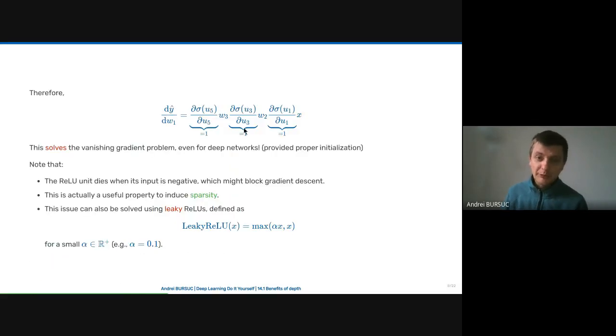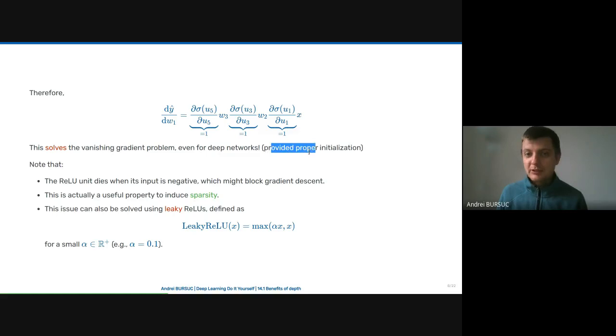So when we come back to our previous setting and replace the sigmoid with the ReLU, we can see that now we have something which is 1, 1. So it has a much cleaner implementation, and it avoids the vanishing gradient problem.